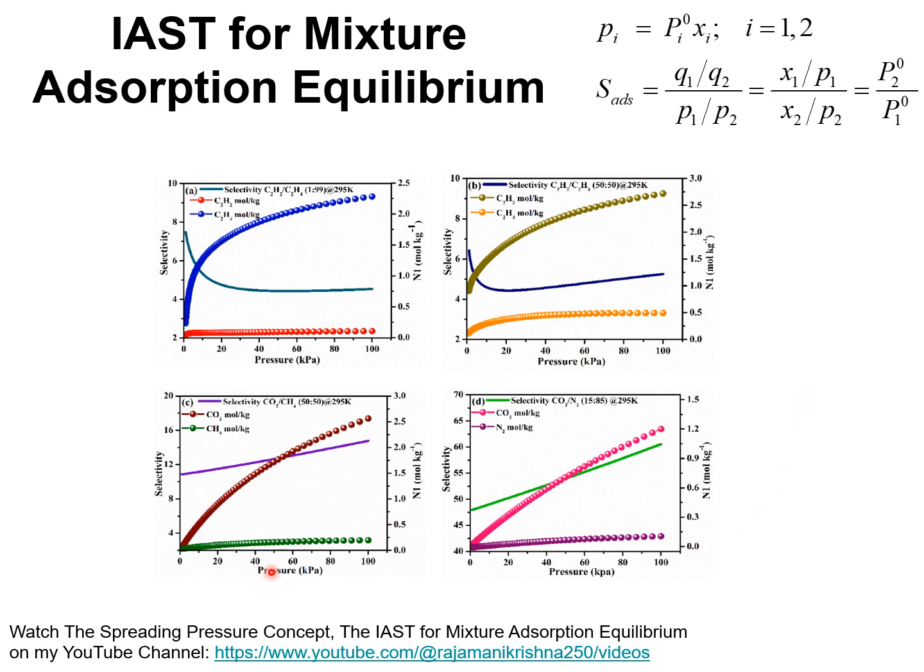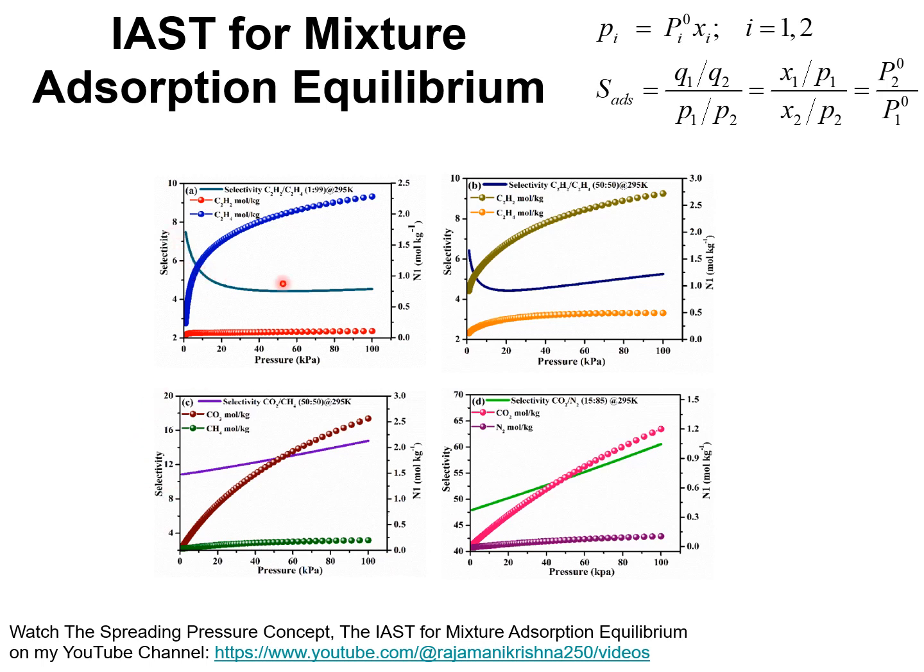The IAST calculations for the component loadings Q1 and Q2 and the selectivity S sub ads for 4 different mixtures, a 1-99 mixture of C2H2, C2H4, 50-50 C2H2, C2H4 mixtures, 50-50 CO2, CH4 mixtures, and 15-85 CO2, nitrogen mixtures are shown here.